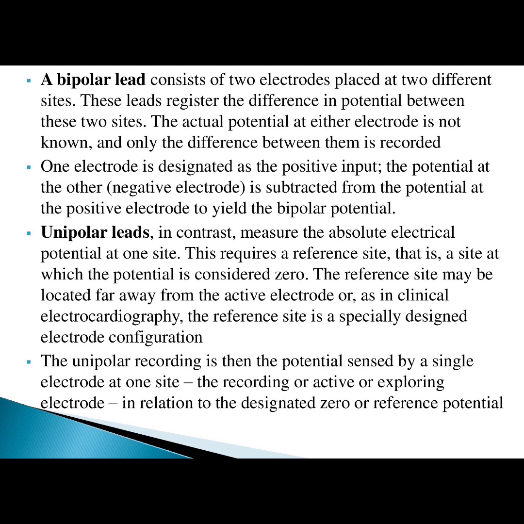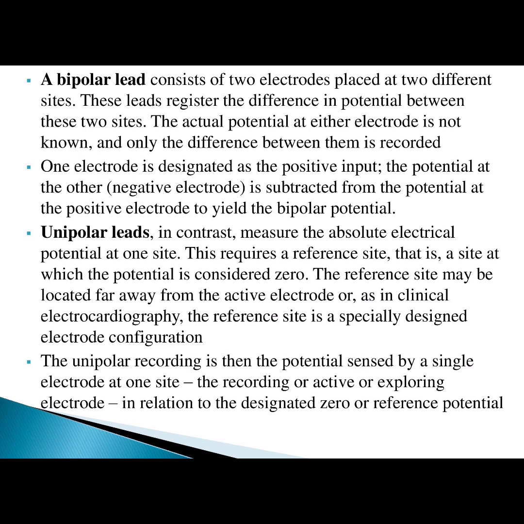A bipolar lead consists of two electrodes placed at two different sites. These leads register the difference in potential between these two sites. The actual potential at either electrode is not known, and only the difference between them is recorded.